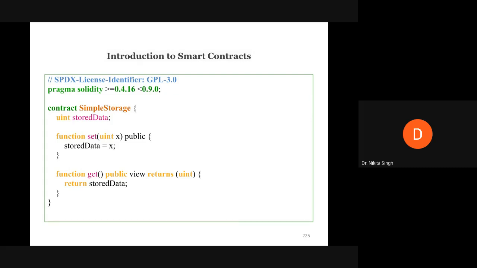Okay. So this line uint storedData declares a state variable. It declares a state variable which is storedData, and it is of type unsigned integer, an unsigned integer of 256 bit. And think of it as a single slot in the database.